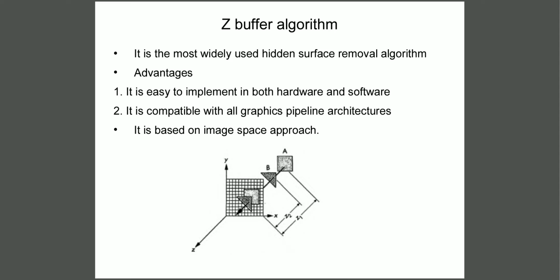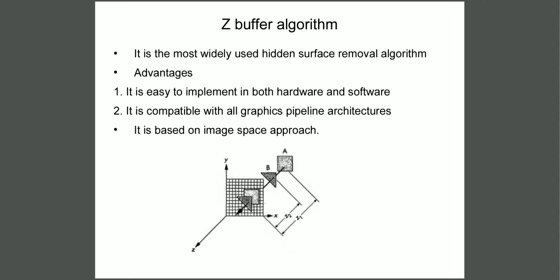The color buffer and depth buffer will have the same size, equal to the number of pixels in the display screen. The display screen also has some number of pixels, and the same number of pixels will be there in the color buffer and depth buffer. So the size of the display screen, color buffer and depth buffer will be the same in number of pixels.